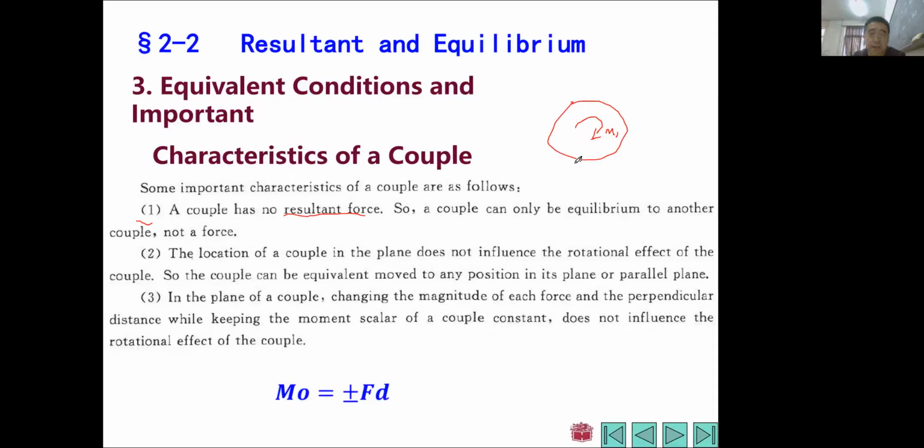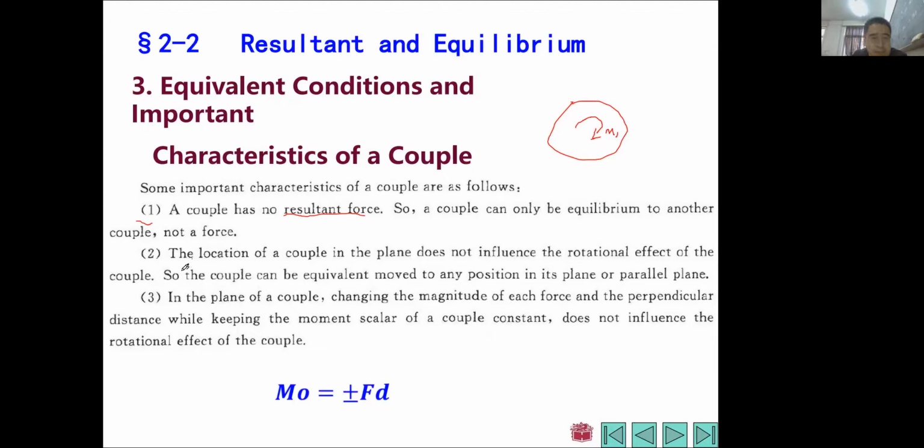Because we cannot use a force to counterbalance a couple. The couple's effect is to let this body rotate around some point or some axis. So a couple has no resultant force, and it can only be balanced by another couple, another moment.